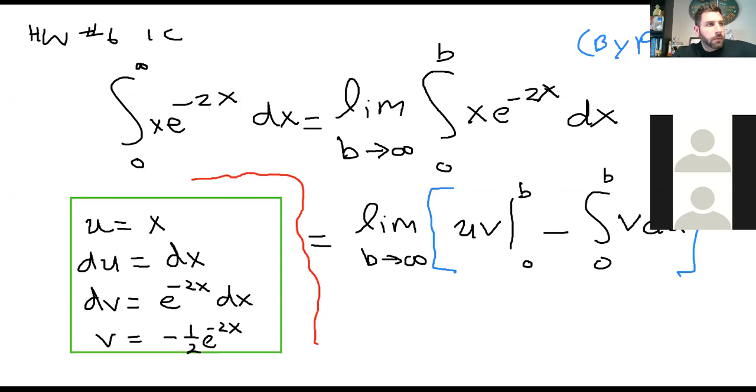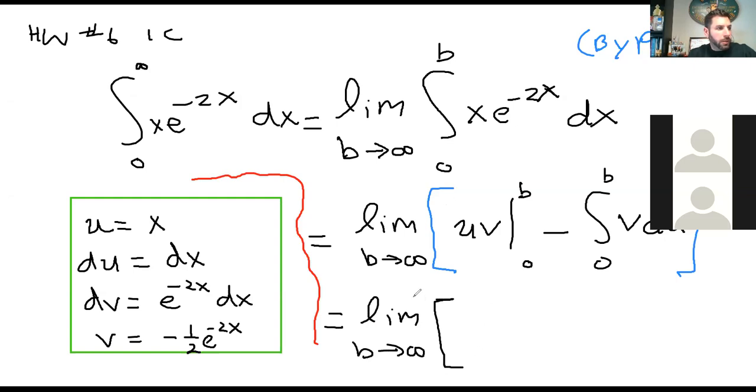So, does anybody have a question about this in particular? That's the first step. It's a step that most of us would omit if we've had enough practice. All right, so now we have to plug this stuff in and evaluate it properly.